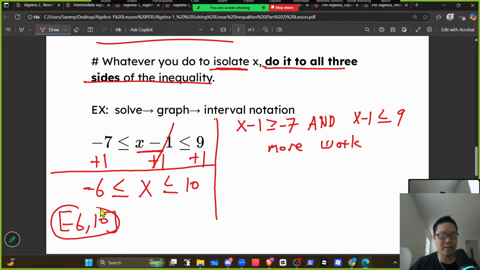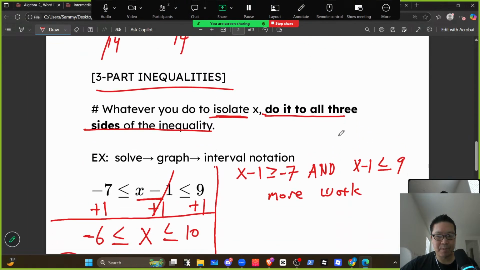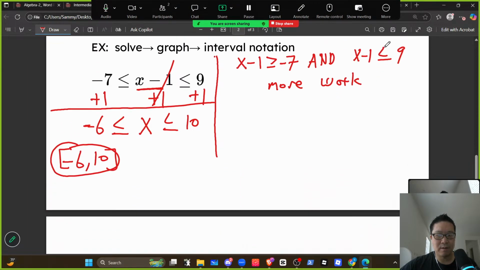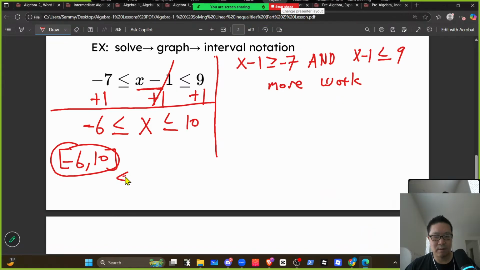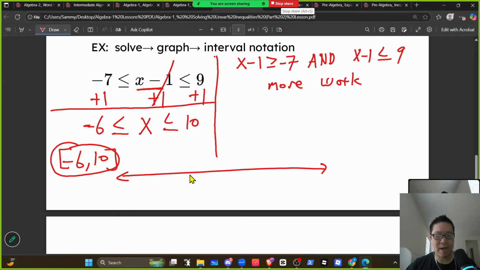So this would be your answer. If you wanted to graph it, you have -6 here, you have 10. It's going to be a closed circle and a closed circle, because they're both non-strict inequalities.